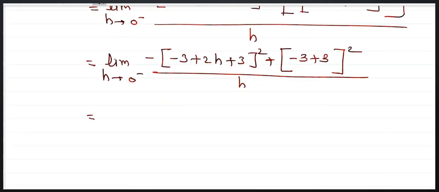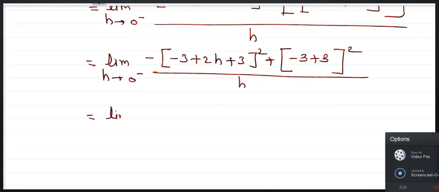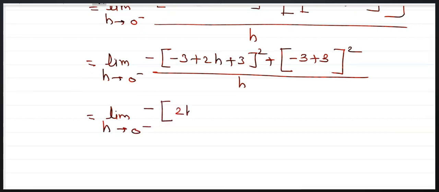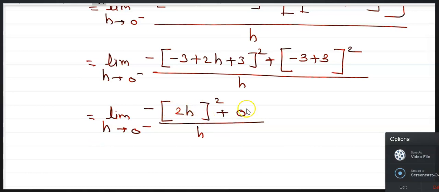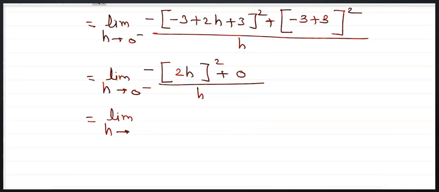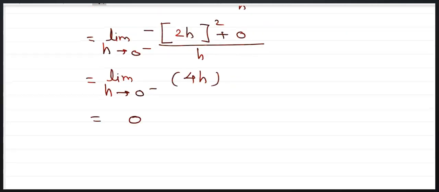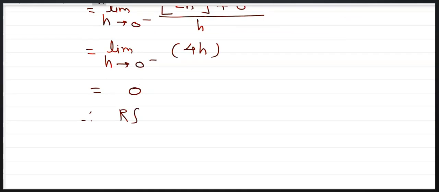Therefore that is minus 2h bracket square plus 0 upon h. Limit h tends to 0, minus 4h square upon h, that h gets cancelled, that is minus 4h, that is equals to 0.